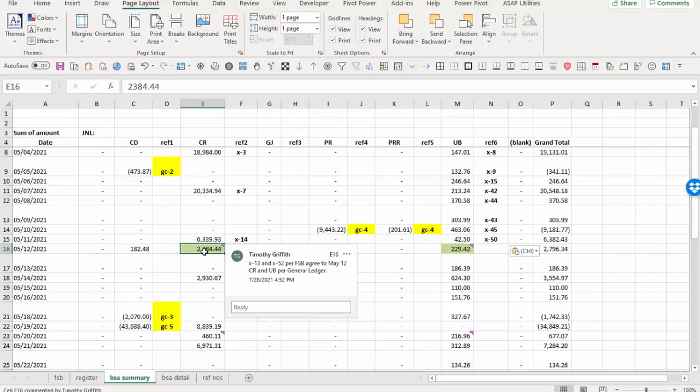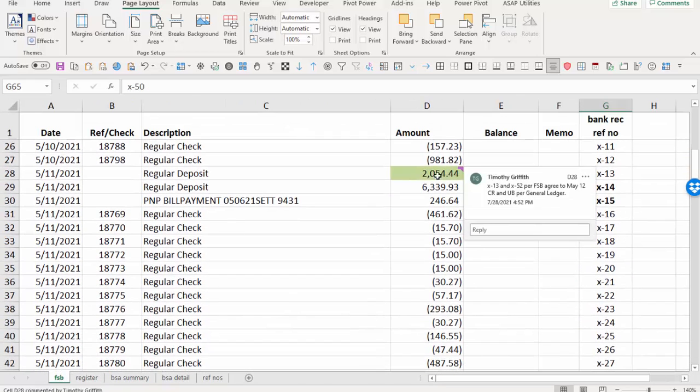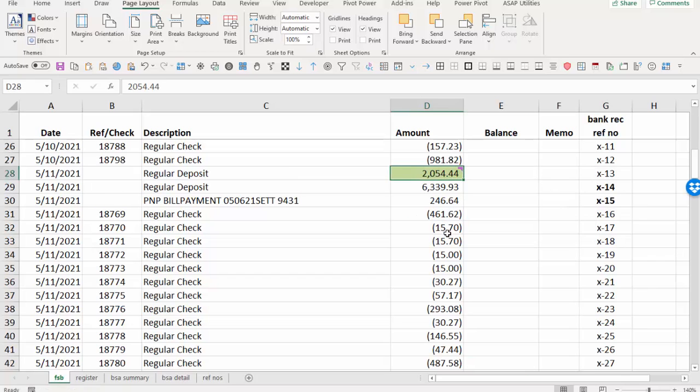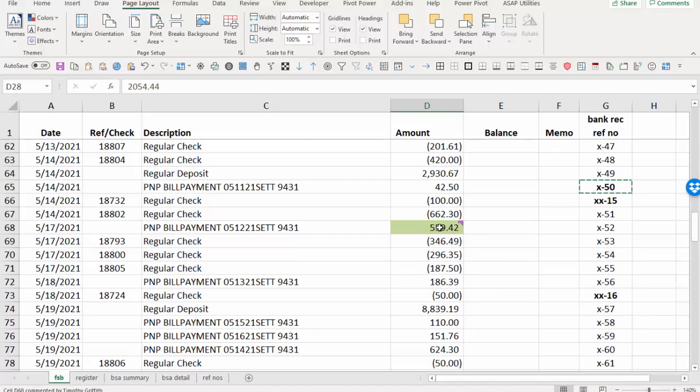So the amounts in the bank are denoted by X13 and X52 for the same amount. So we have 2054.44 and 559.42 for the same total of $2,613.86.